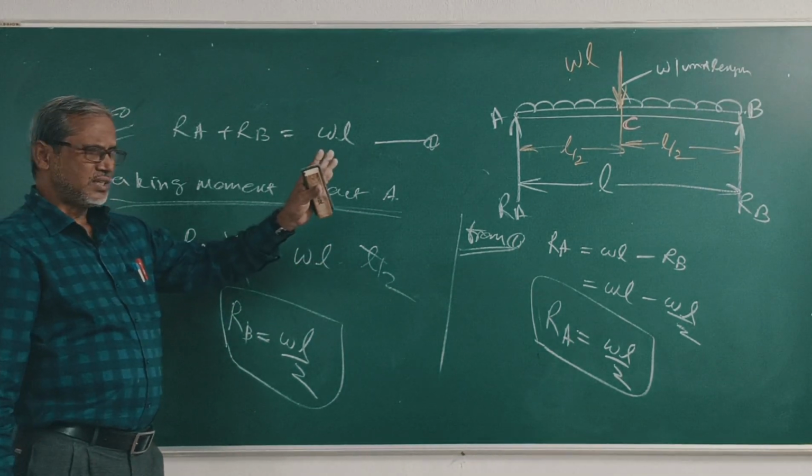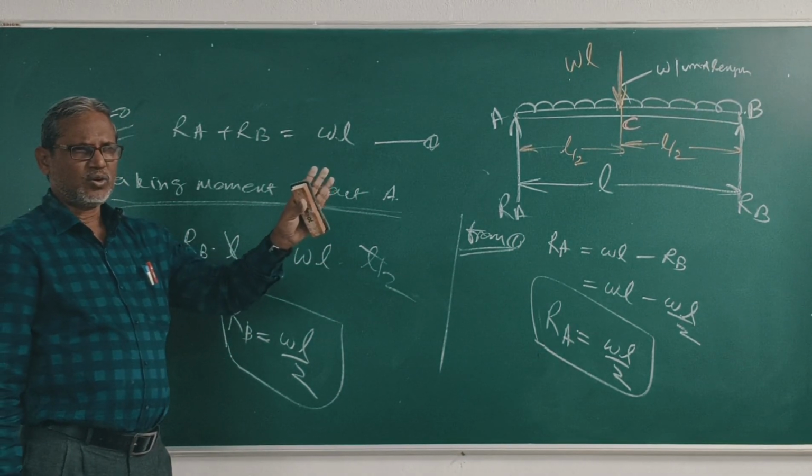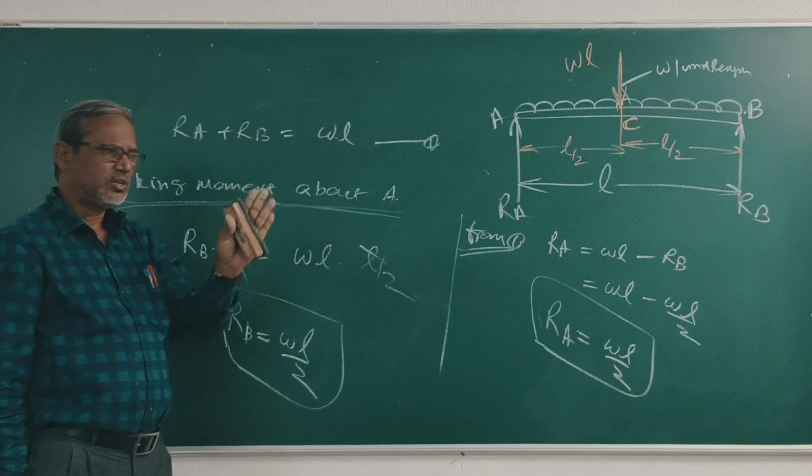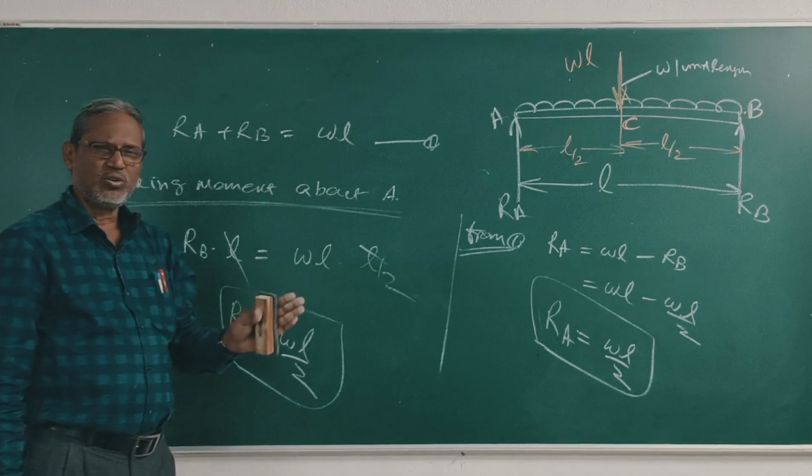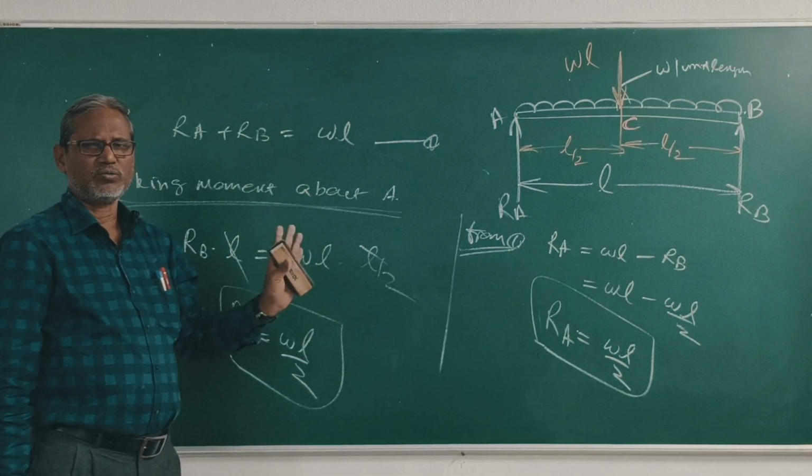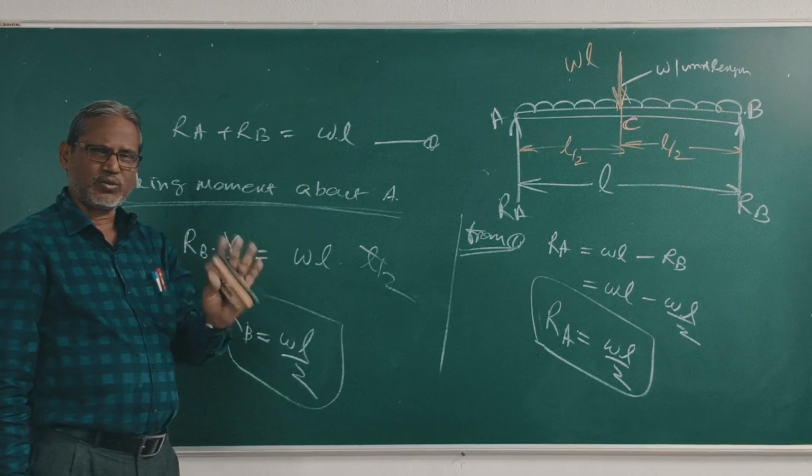Since this is symmetrical loading, the load is distributed uniformly over the entire beam, so RA is equal to RB is equal to wL by 2.